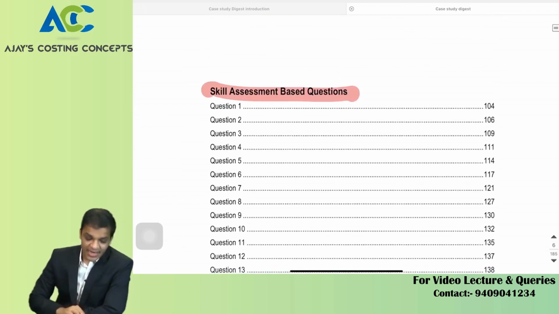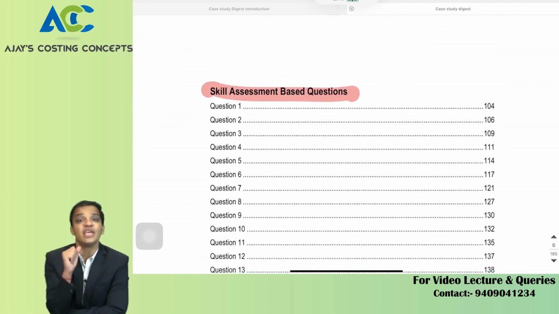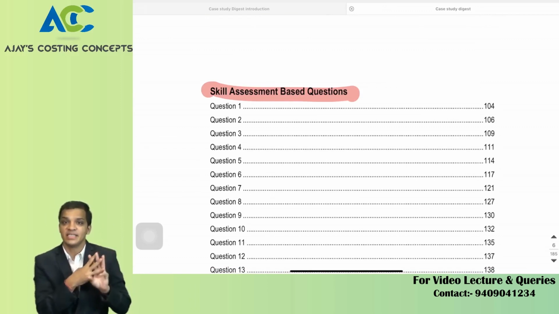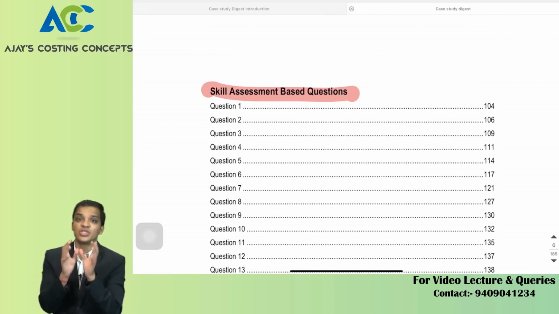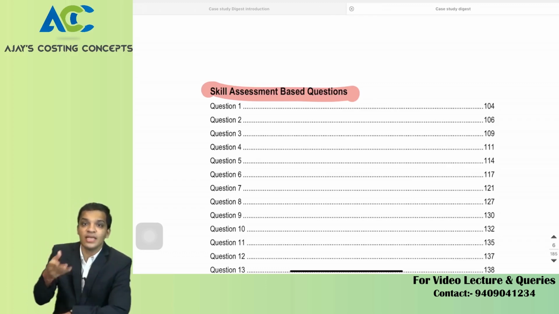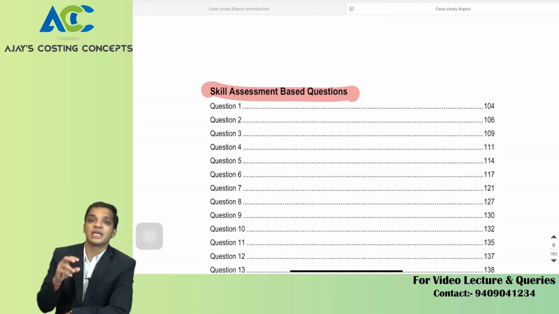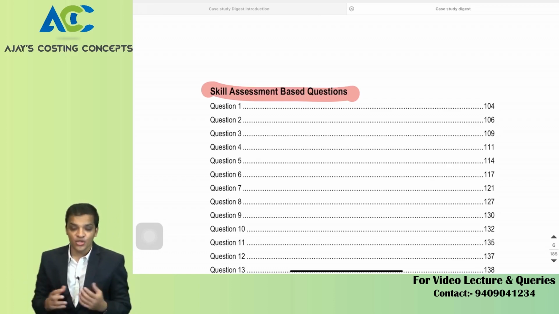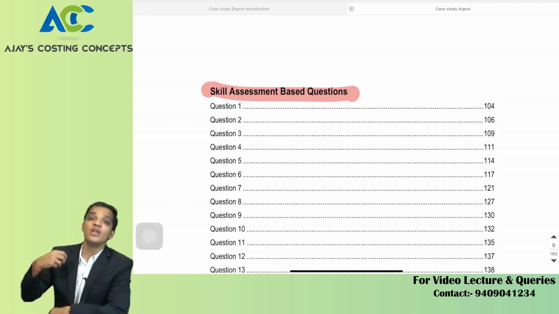In examinations, how will we come to know whether it is a case study, skill based, or a case scenario? Because on the basis of that question, you have to answer. If there is a case study question in the paper and you note it down as skill based, your answers will not match expectations, and definitely you will not get marks. So now the question comes, how will we come to know?